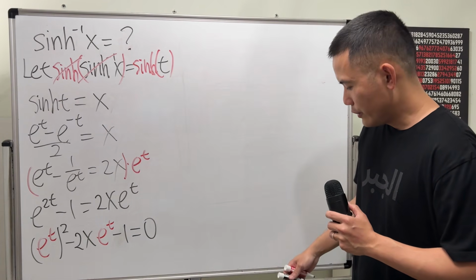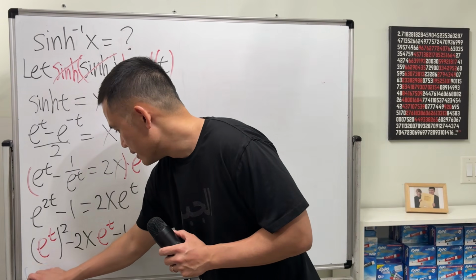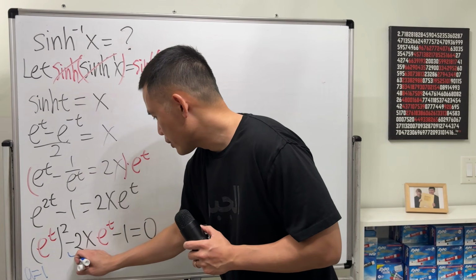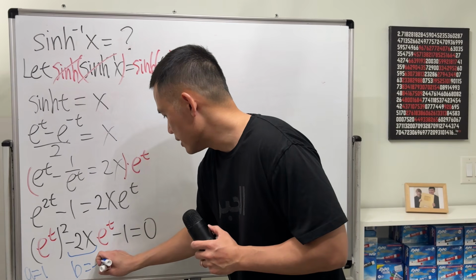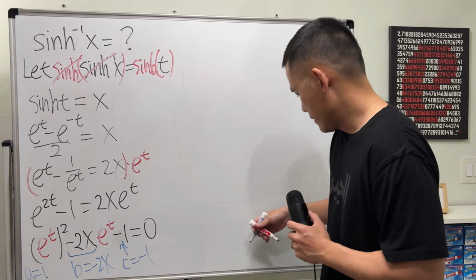Now, quadratic equation, we can use the quadratic formula. A right here is equal to 1, and this right here is our b, which is negative 2x, and of course c is negative 1.